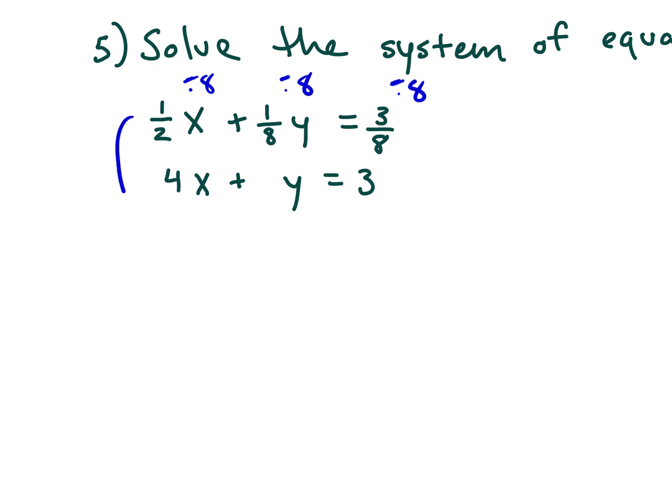So I'm going to rewrite it down below. What is 1/2 x times -8? -4x, perfect. What is 1/8 times y times -8? -1y. And then 3/8 times -8. -3, perfect.